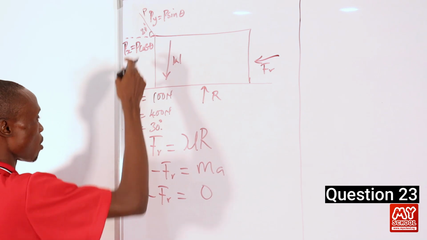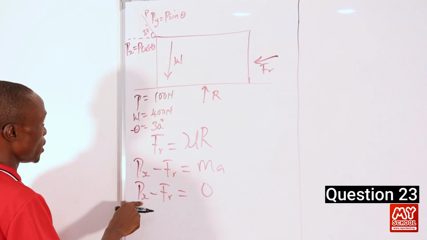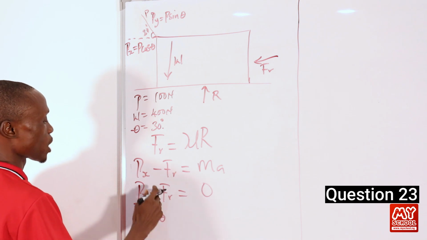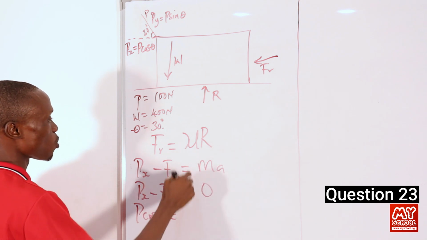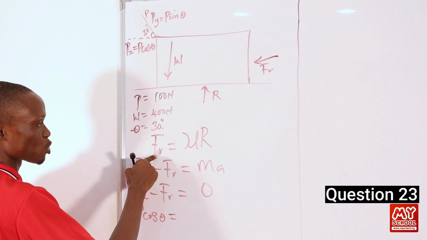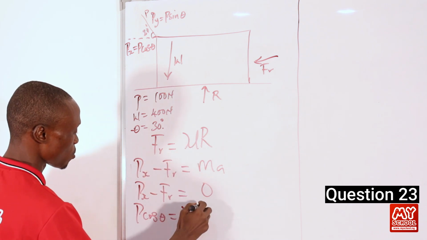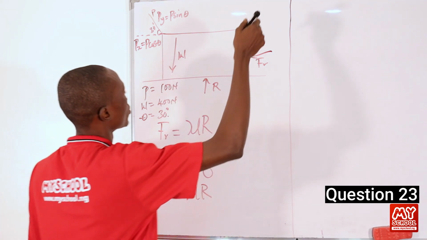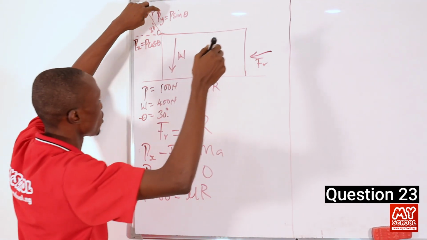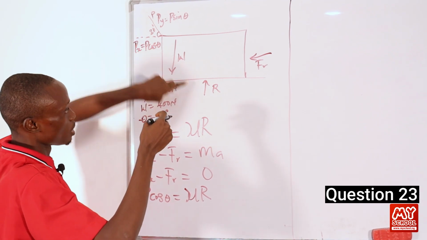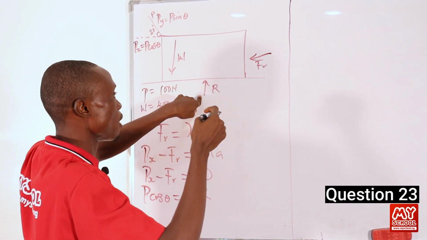So let's put in our values. We already know what our Px is, which is P cos theta. Then we can just move this to the other side. We know that our F, the frictional force, is equal to U times R. Now for the vertical forces, we have Py, we have W, which is the weight of the bus, then we also have our normal reaction.